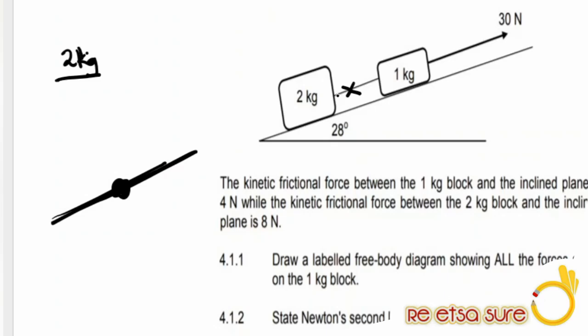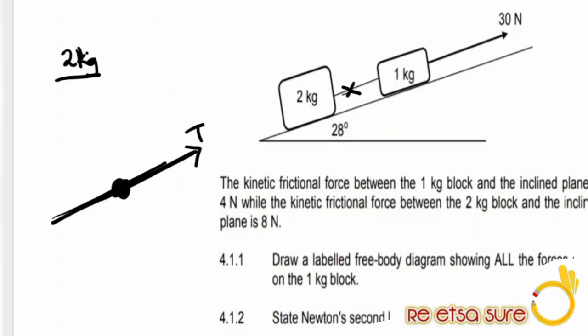And then I can see that here I'm having the tension. The tension is the one that is pulling 2 kg upwards, meaning this side I'm having T. My beautiful learners, remember that the magnitude of this tension and this tension are equal, but they are acting in opposite directions, meaning the magnitude of this tension is equal to the magnitude of this tension.